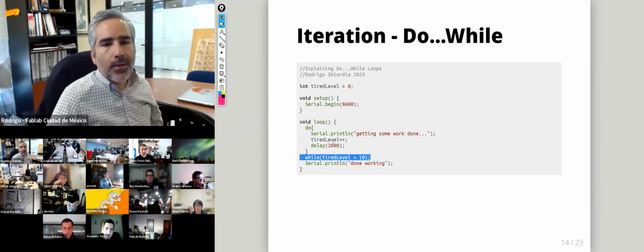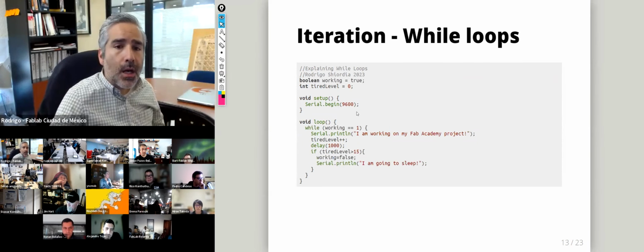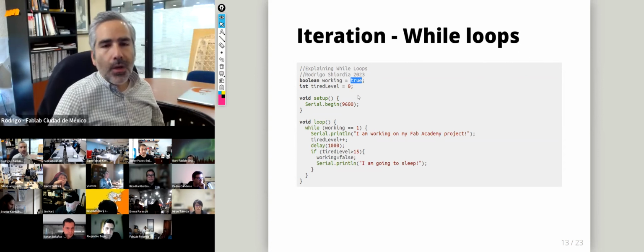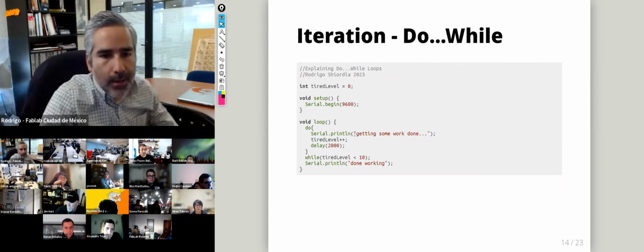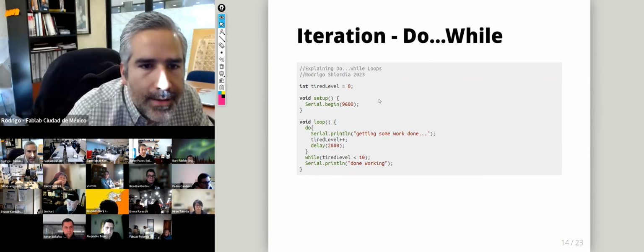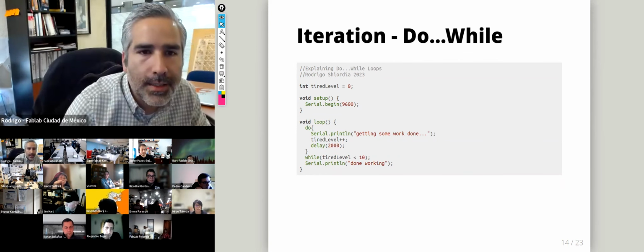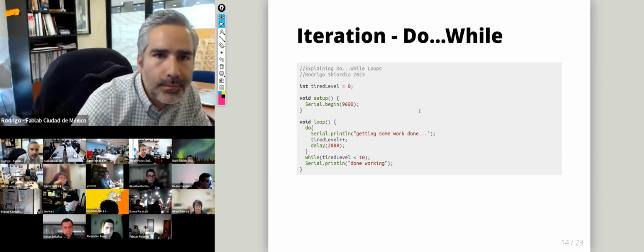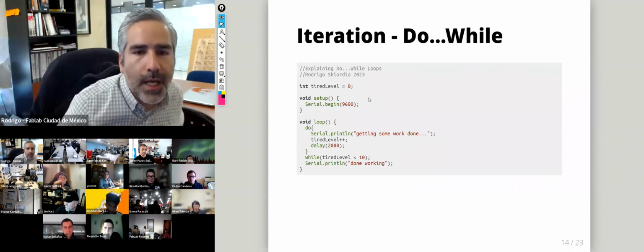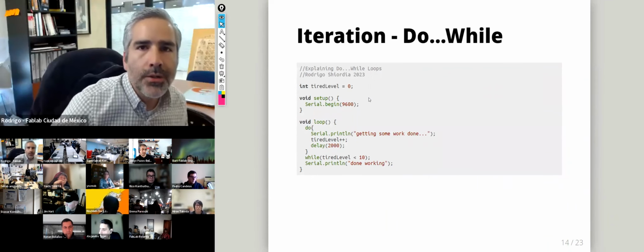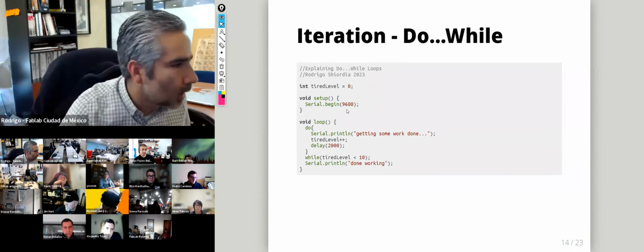So at least you're doing this once, whereas here, if I set this to false, this won't even be executed even once because this will be false on the get-go, right? So anyways, that's kind of what this example is doing. And those are the flow control statements or flow control structures that we're using.